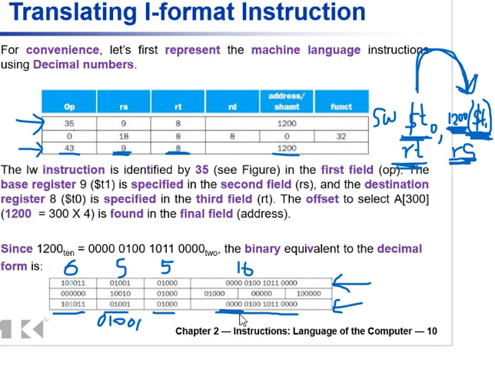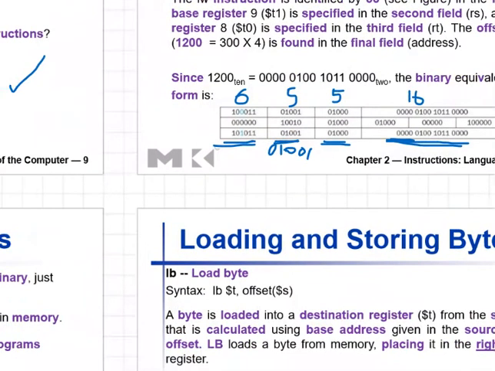As a whole, when you count those bits, you should get 32 bits: 16 plus 5 plus 5 plus 6. In the beginning, I told you every instruction will take 32 bits.